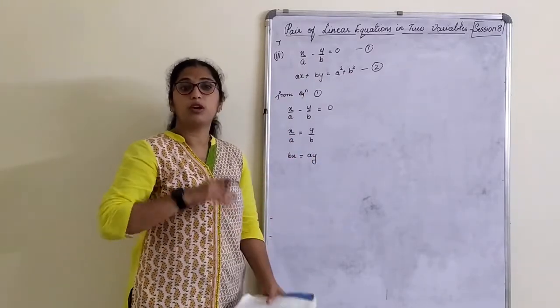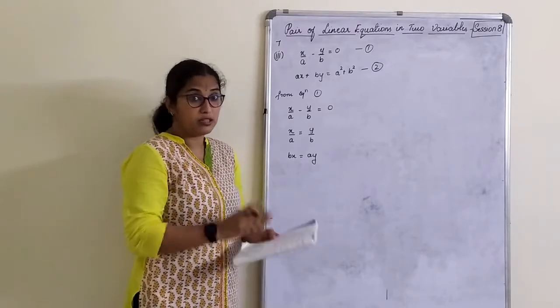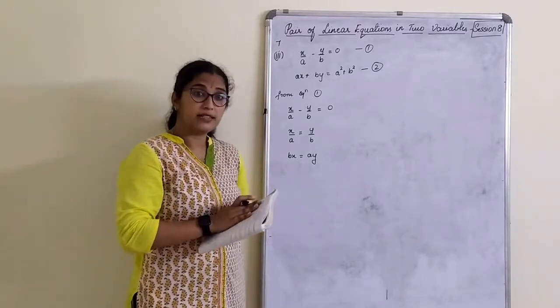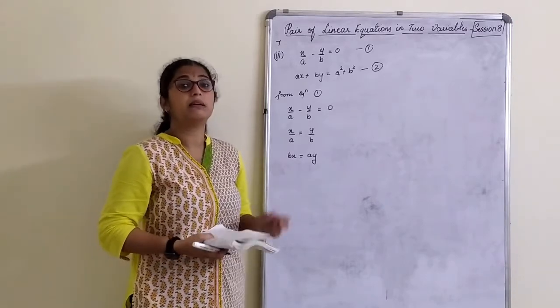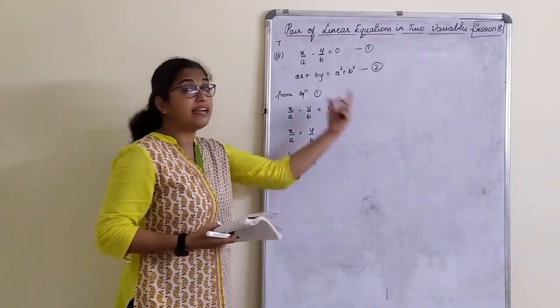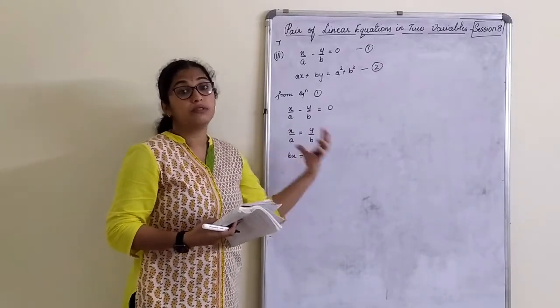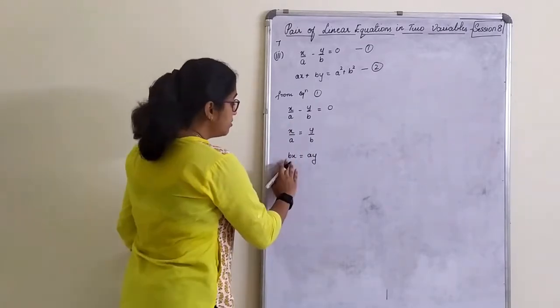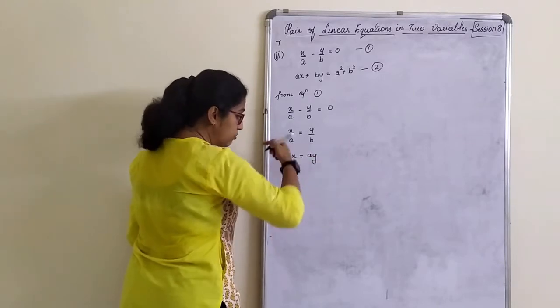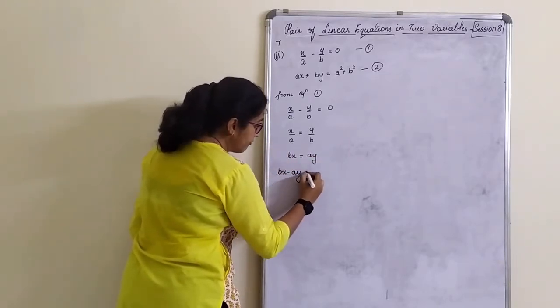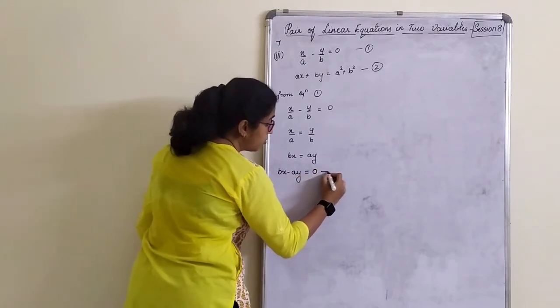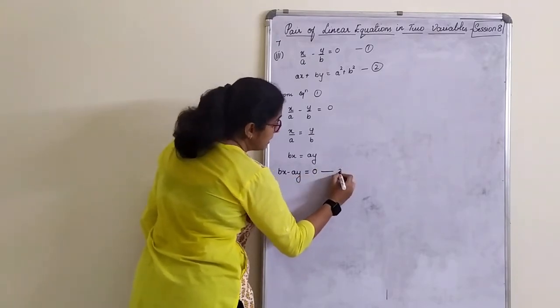That means you need to solve a number of sums based on these worked examples, exercises, assignments that I have given, or through any other sources. By practice you will have an idea how to start or how to deal with the given sum. So bx is equal to ay. Now transpose it to this side. It is bx minus ay is equal to 0. This is your equation 3.